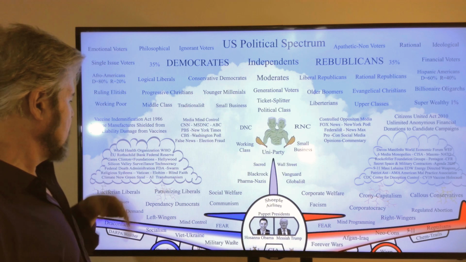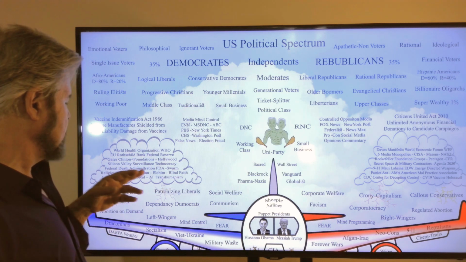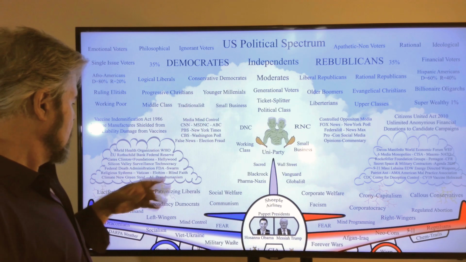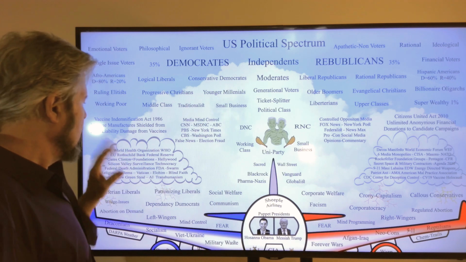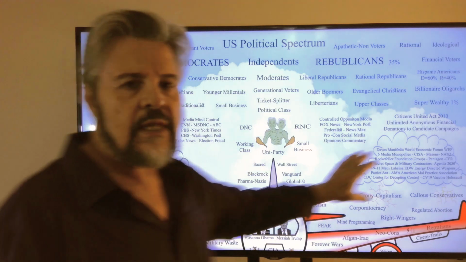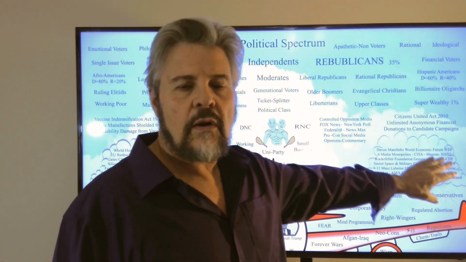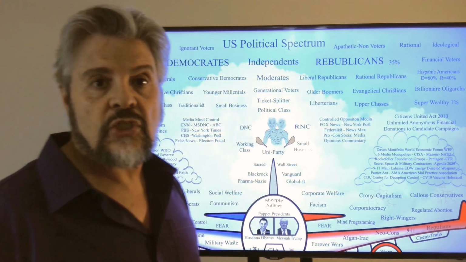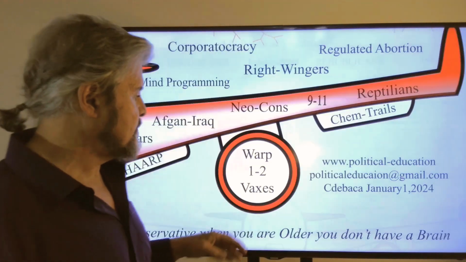The Gates Foundation, the Clinton Foundation, Federal Death Administration, FDA that approved all these vaccines, the Vatican, religious, blind faith, Elohim, all that. We're going to have separate videos on the clouds and who is controlling the system and what they're doing to manipulate us and exterminate us. Okay, so we're going to have separate ones on those.